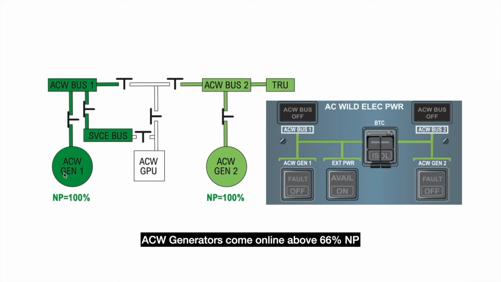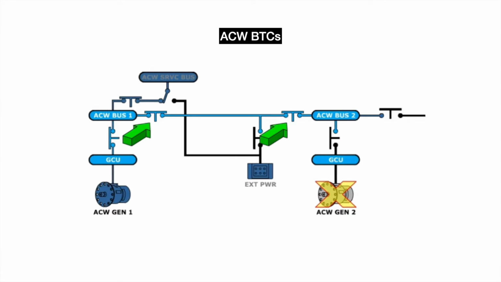AC wild generator 1 supplies AC wild bus 1, which also supplies the AC wild service bus. AC wild generator 2 supplies AC wild bus 2, which further supplies the TRU, or transformer rectifier unit. There are two BTCs, or bus tie contactors, in this network, which are connected in series.